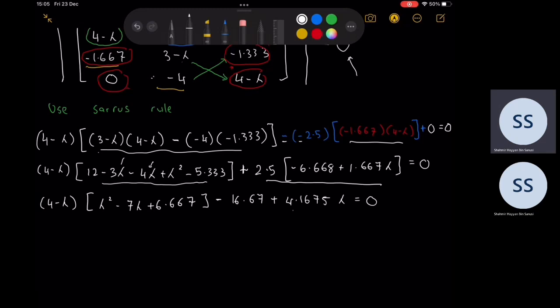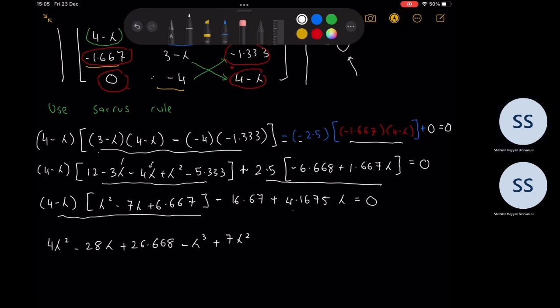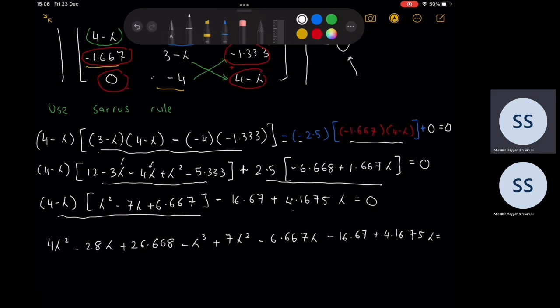So after this, you need to expand this. It will become 4 lambda squared minus 28 lambda plus 26.668 minus lambda to the power of 3 plus 7 lambda squared minus 6.667 lambda minus 16.67 plus 4.1675 lambda equals to 0.